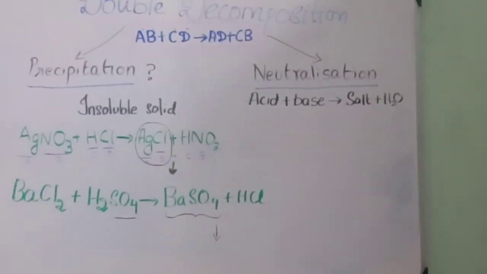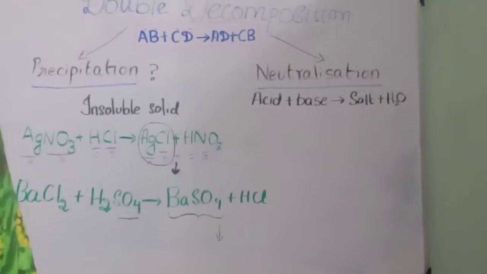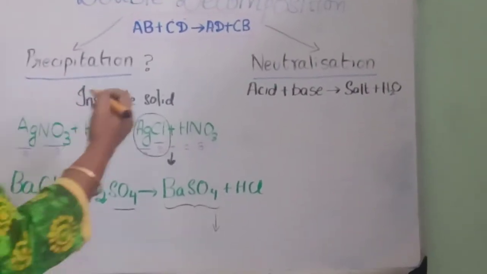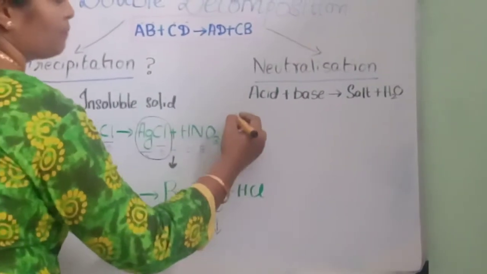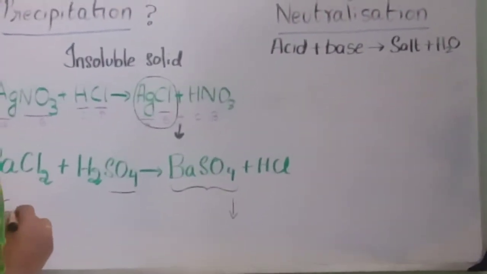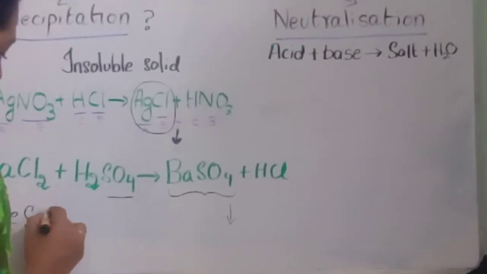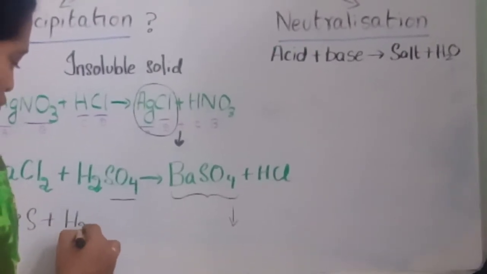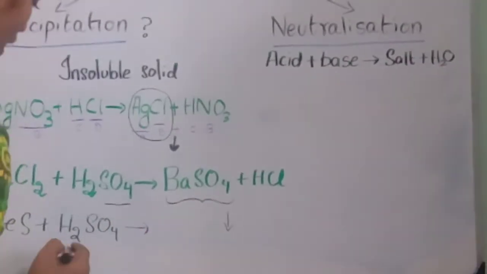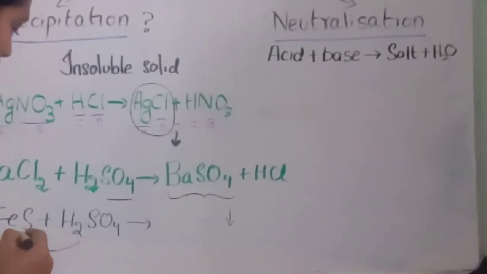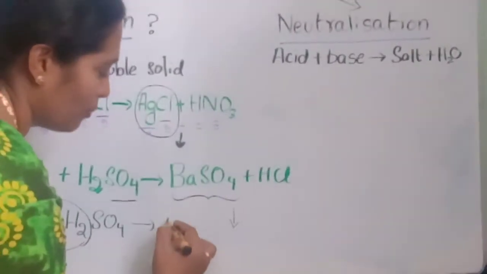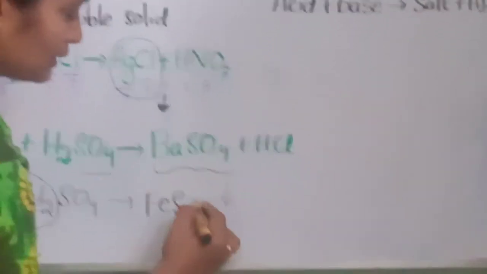Precipitation reaction can also be formed during the formation of a gas, a release of a gas. For example, any sulfide, let us take iron sulfide. When it is going to react with sulfuric acid, it will form hydrogen sulfide, which is released with the formation of ferrous sulfate.